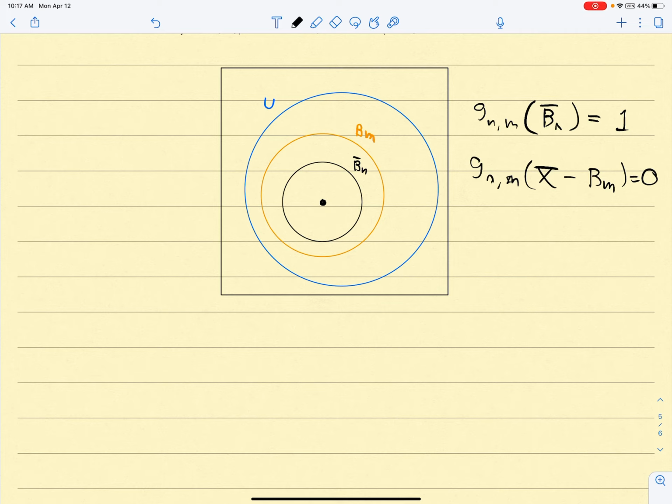So given any arbitrary point x naught and any arbitrary open set U, we get this sort of function. Now we have this collection of functions g n m, and these functions are indexed by a subset of Z plus cross Z plus, which is a countable set.